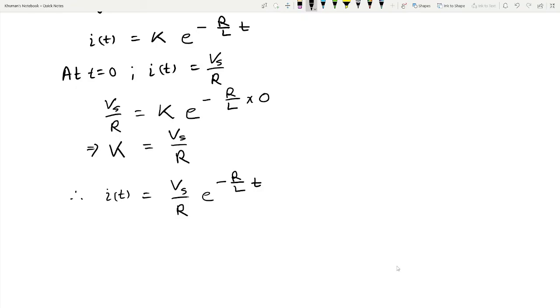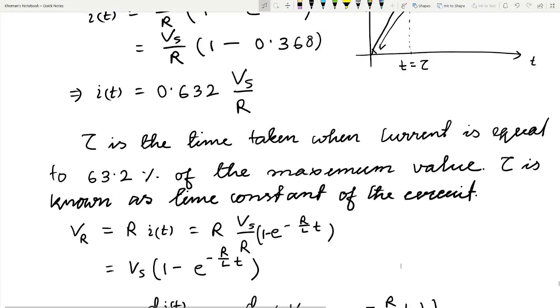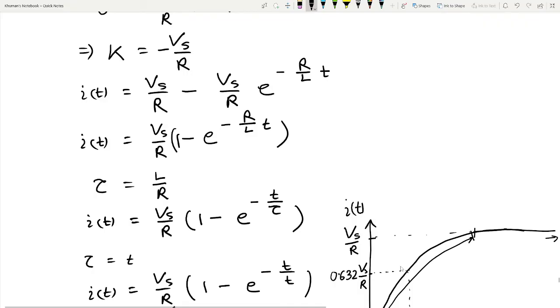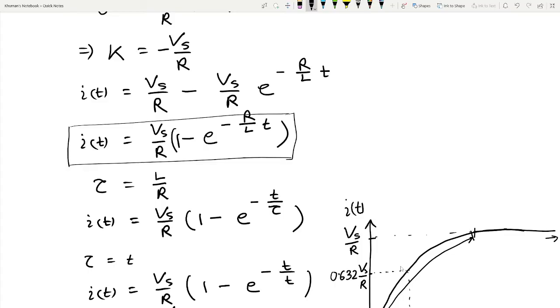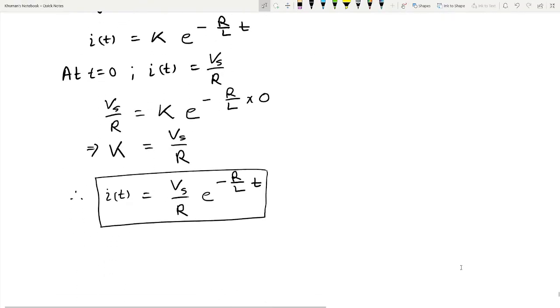So this response is the natural response, and this response is the forced response.